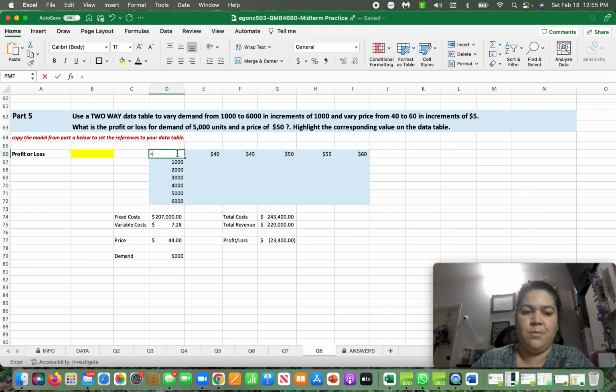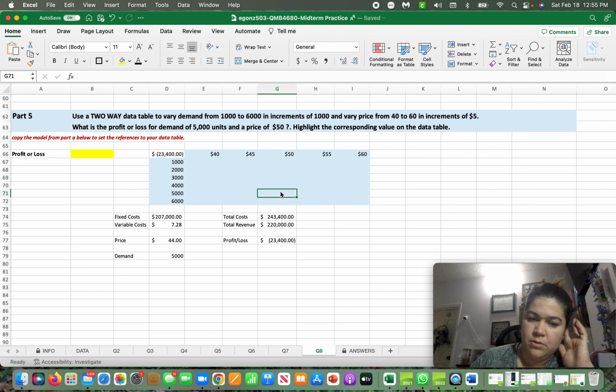We're gonna do the same thing that we did in the one-way data table. We're gonna do the profit and loss here. Before we run anything, they want us to see what is the profit or loss for a demand of 5,000 units at the price of $50. It should be right around here.